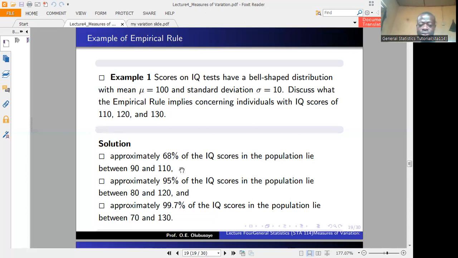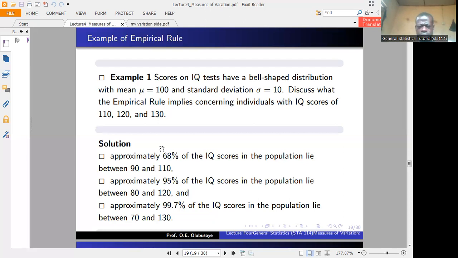That's the interpretation. For 120, you realize that they have deviated by 2 standard deviations, because 2 times 10 will give you 20, and if you add it to 100, you are going to have 120. If you subtract the same 20 from 100, you will have 80. That means 80 and 120 is our range for 2 standard deviations. And we can apply the empirical rule and say 95% of the IQ scores lie between 80 and 120.